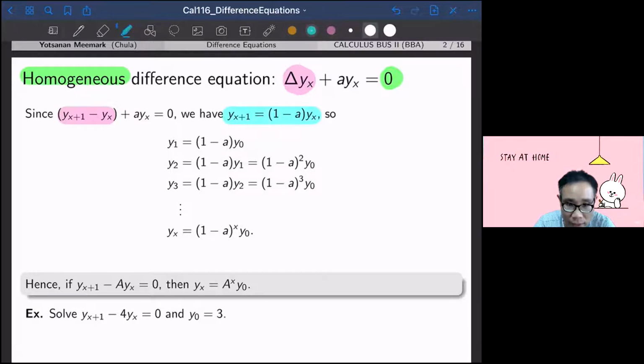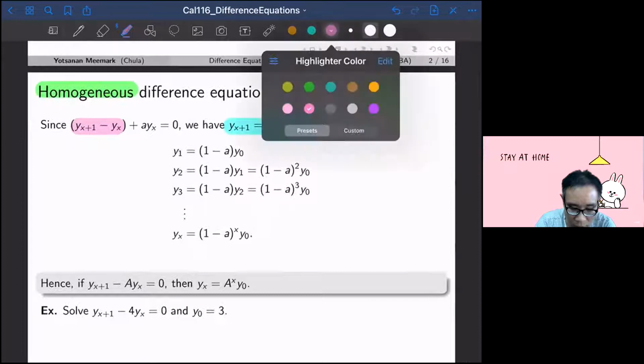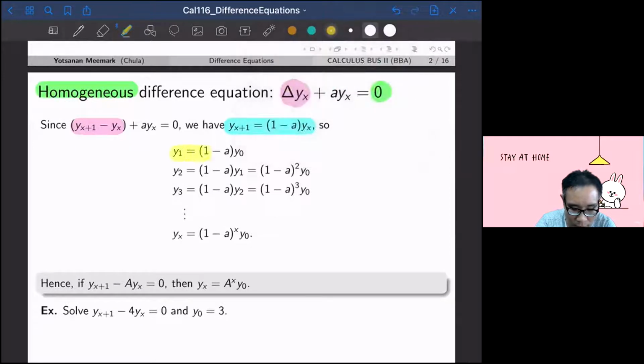So you plug in x equal to 0 into this equation, and you would get y_1 equal to (1 minus a) y_0, and for y_2 you're going to get (1 minus a) y_1, and you see y_1 from the previous step. So you have y_1 equal to (1 minus a) y_0. That is going to be your y_1 that you put in the second step.